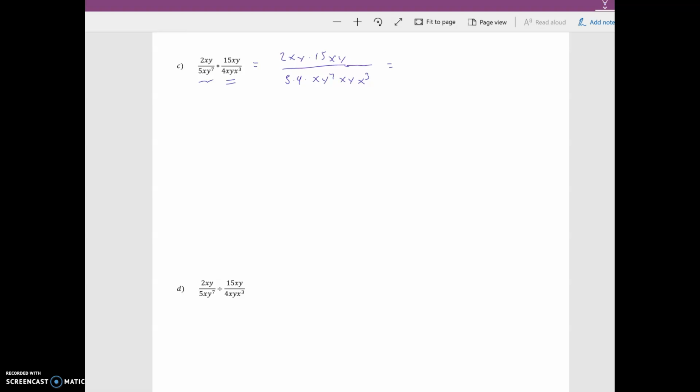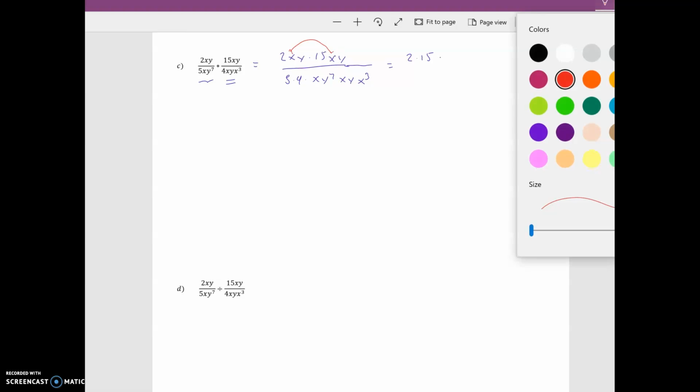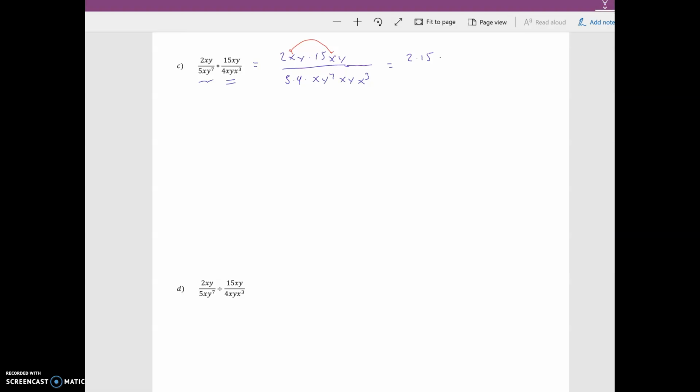Now, let me actually multiply all the x's and y's on the top. So you're just going to have 2 times 15 times, in terms of the x's, notice that on the top you have an x and an x. So you're just going to end up with x to the 2nd, and then your y's, you're also going to have y to the 2nd.